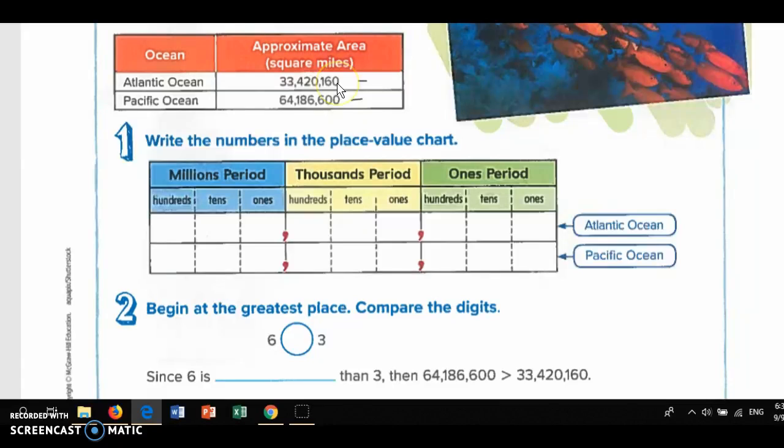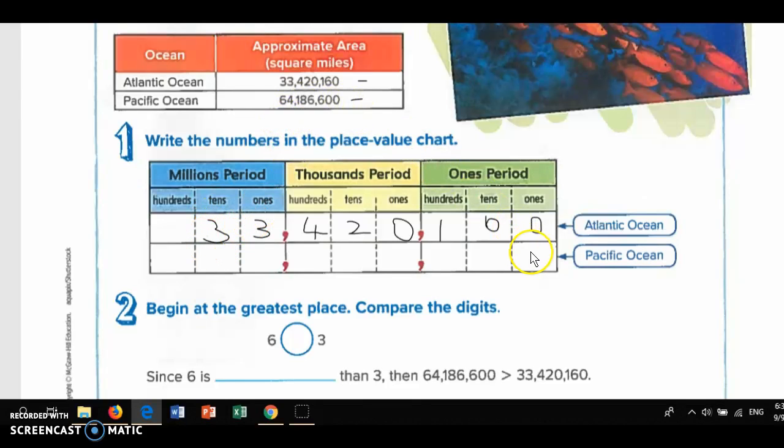Remember, we start at the ones. Let's put a 0, 6, 1, 0, 2, 4, 3, 3.